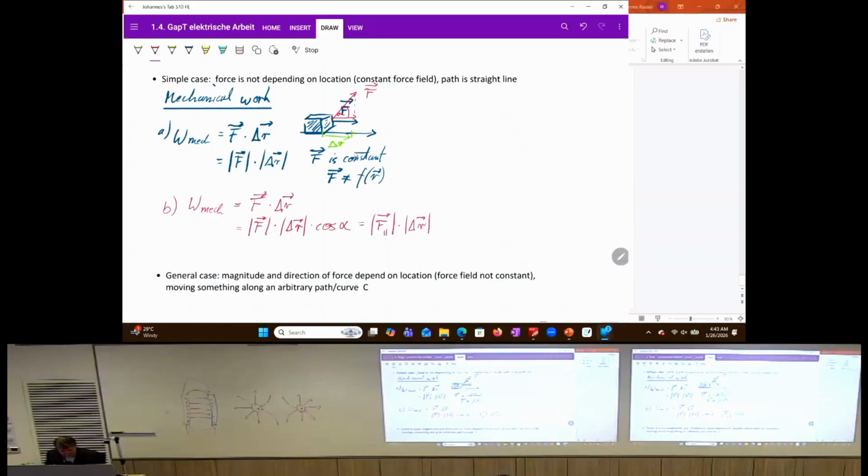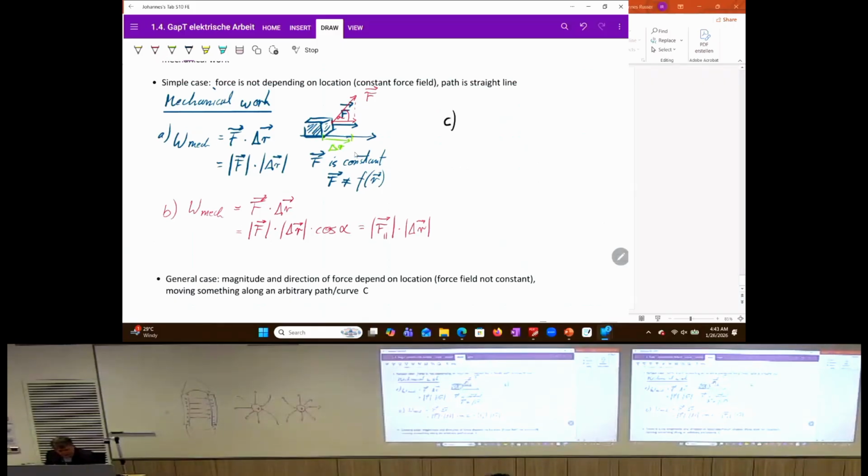Now you can also think of a more general case, that is case C, where you have some arbitrary curve integral, and you have your body, your object or charge, which experiences a force, and you want to drag it along that path. So here is your delta r.